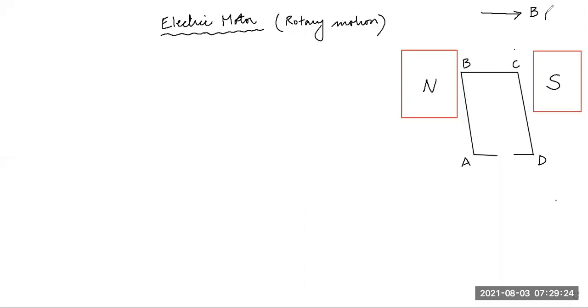And this is your magnetic field, right? And your side AB and CD are perpendicular to the direction of magnetic field. I'm showing it a little inclined, but this is a perfect rectangle. These angles are 90 degrees. All these internal four angles are 90 degrees.